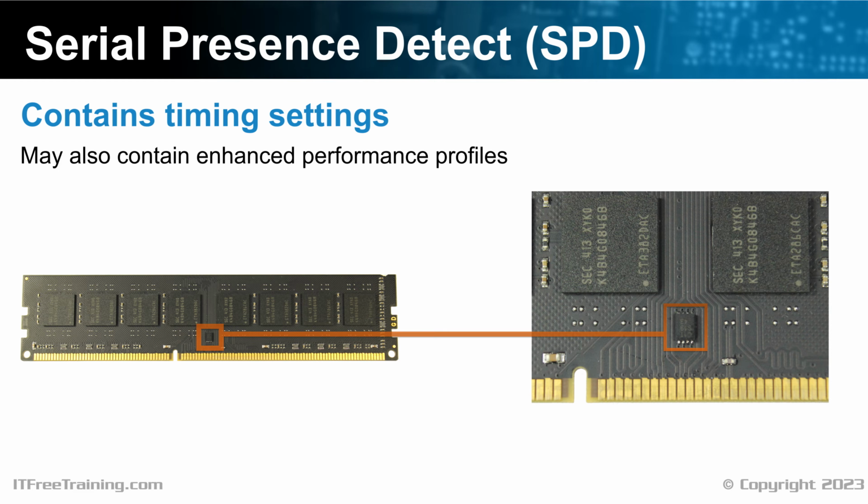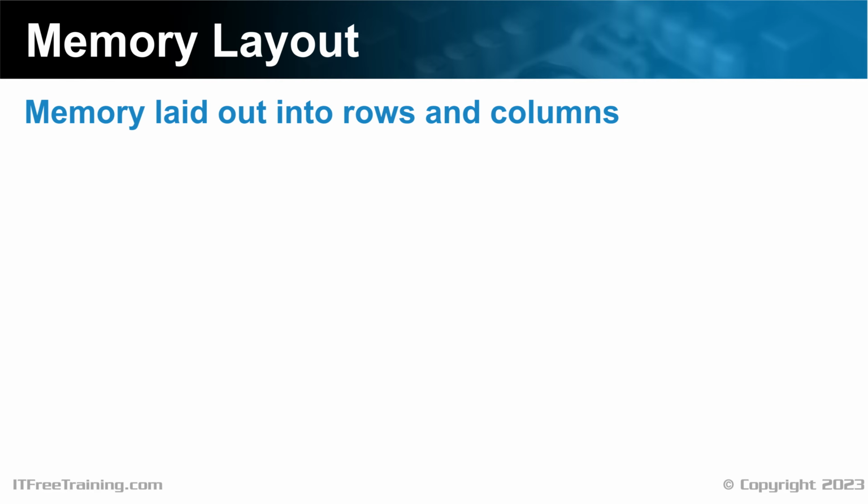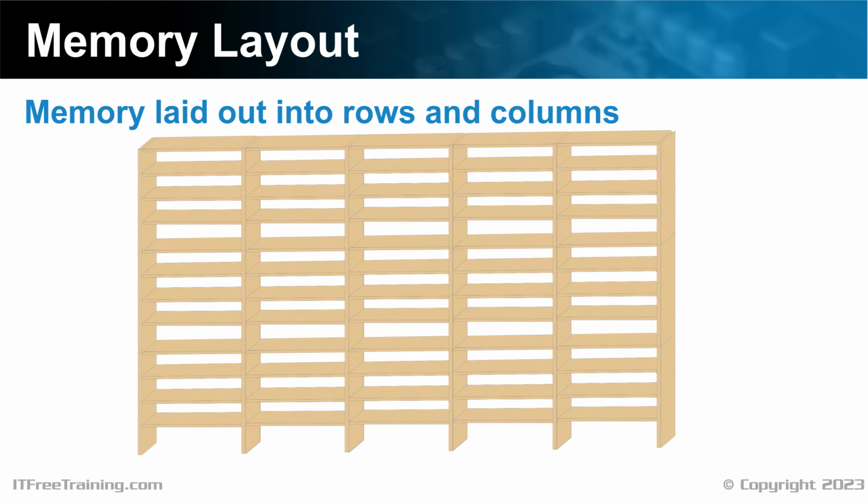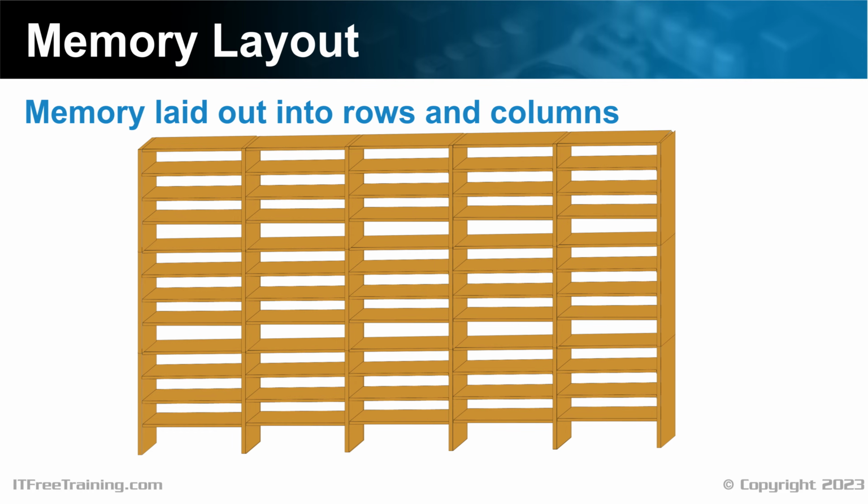Before I look at the timing settings, I will first have a look at how memory is laid out. The memory in the memory modules is essentially laid out into rows and columns. If you consider memory to be similar to a warehouse, where each shelf in the warehouse is at a different location and contains a fixed amount of storage.